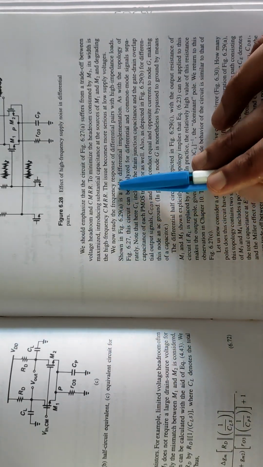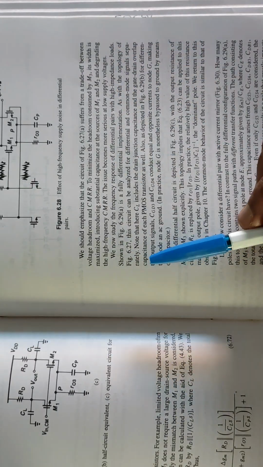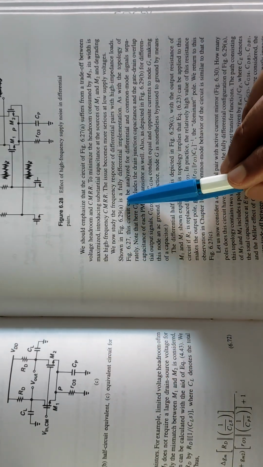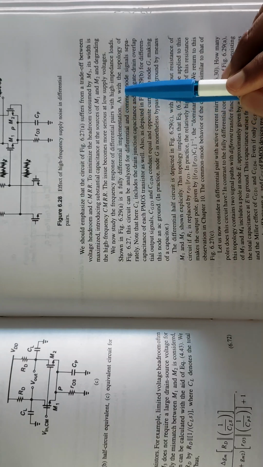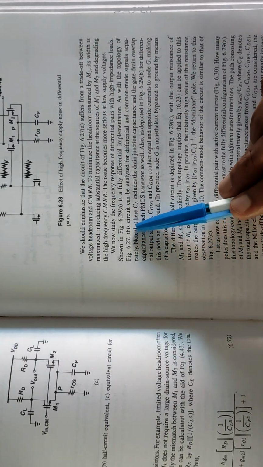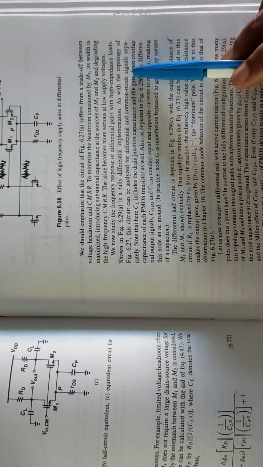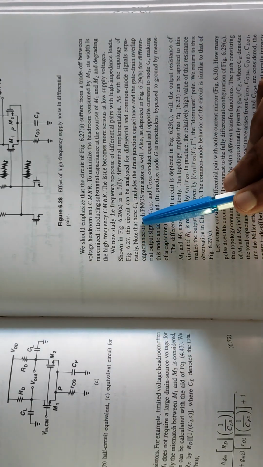We now study the frequency response of differential pairs with high impedance loads, shown in figure A, which is a fully differential implementation. As with the topology of the previous figure, this circuit can be analyzed for differential and common mode signals separately.